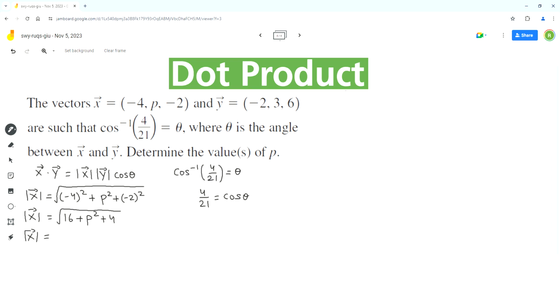Sixteen plus 4 is equal to 20. So this is the magnitude of vector x.